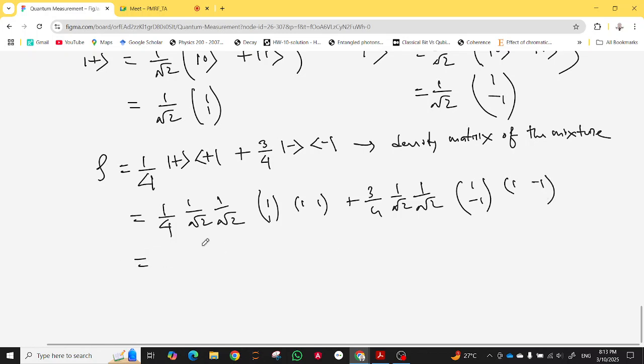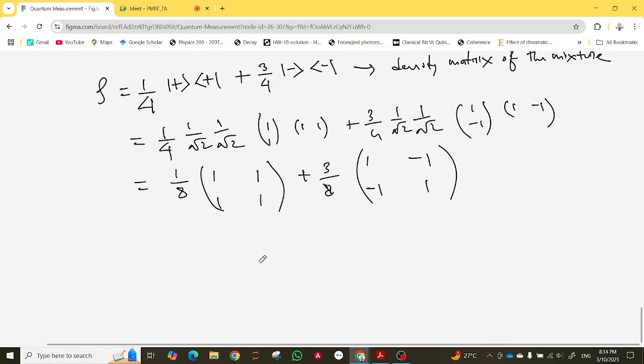Now you do these things, and you will get 1 by 8 times the matrix of all ones, plus 3 by 8 times the matrix 1 -1 -1 1.